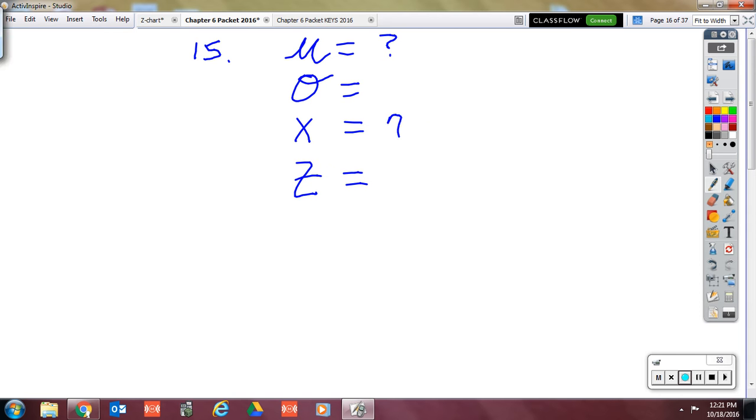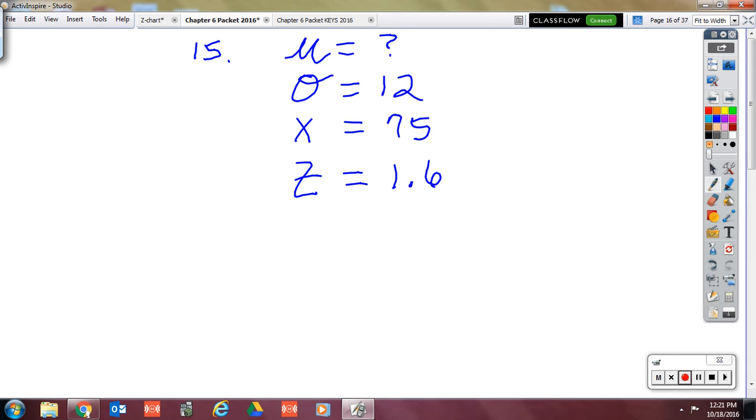Good. 1.6 standard deviations above the mean. What does that mean? What tells you how many standard deviations above the mean? Z-score, so 1.6 is the Z-score. And then it tells you the size of those standard deviations is 12.